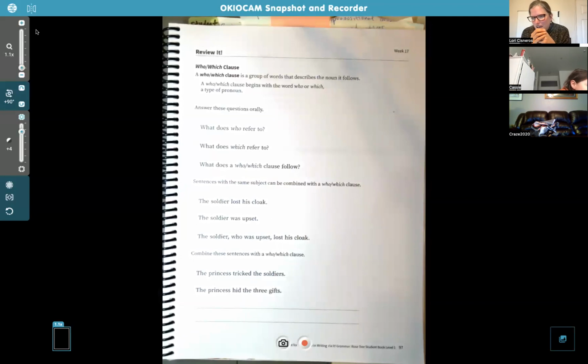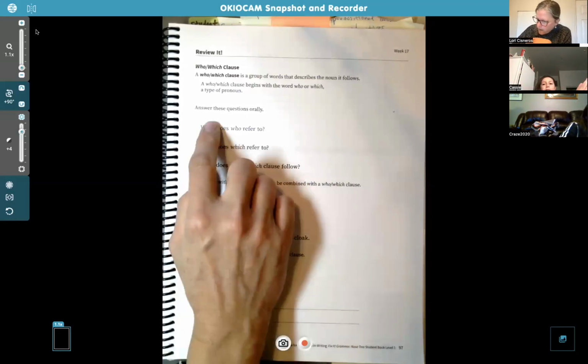That means she's acting like a person, even though she's an animal. So it's fantasy. But then you use the word which when you're referring back to a thing or an animal that's just being an animal. Okay, so who is for people or animals that are like people, or which for things or animals being animals.